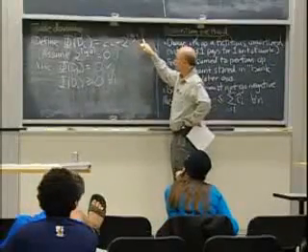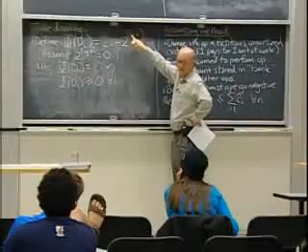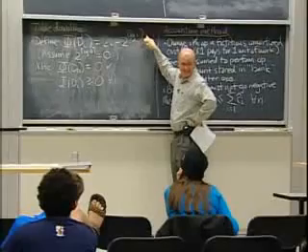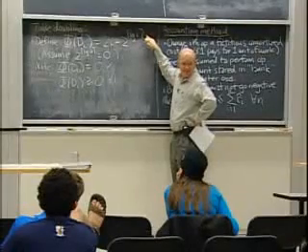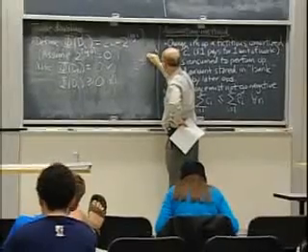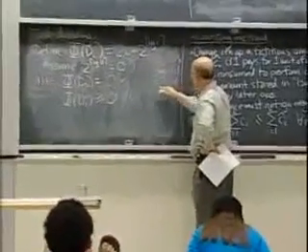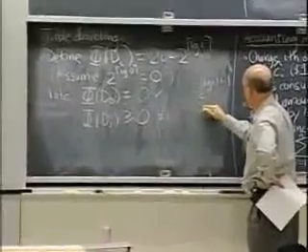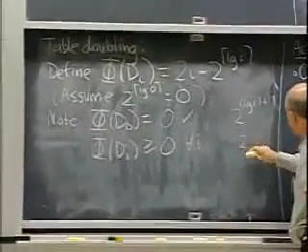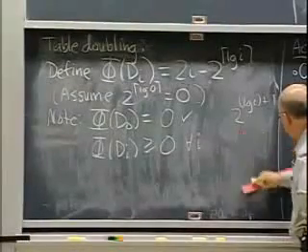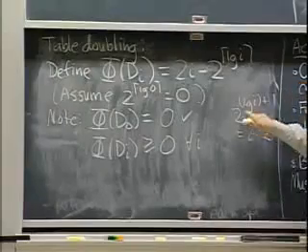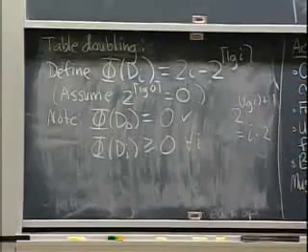If it's log i plus 1, 2 to the log i plus 1 is just 2i. That's the biggest it could be. Right? So 2 to the log of i plus 1 is just, let's do it the other way, i times 2. Okay, i for that part, 2 for that part.